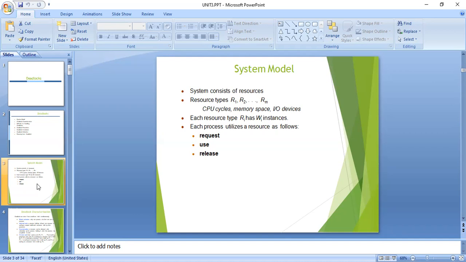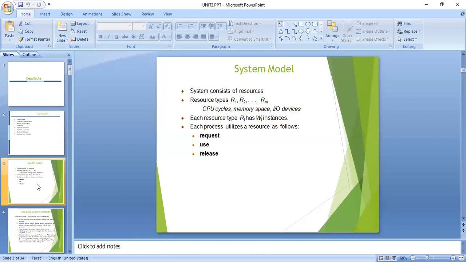Now, next, I'm going to explain the system model. What is the meaning of system model? It is a part of deadlock. Here the system contains resources, which we can mention as R1, R2, and so on up to Rm. But what is the meaning of resource in general?